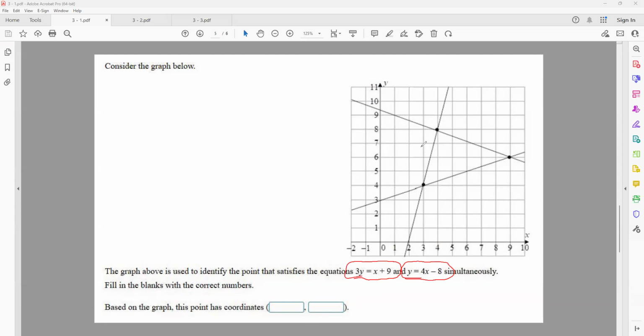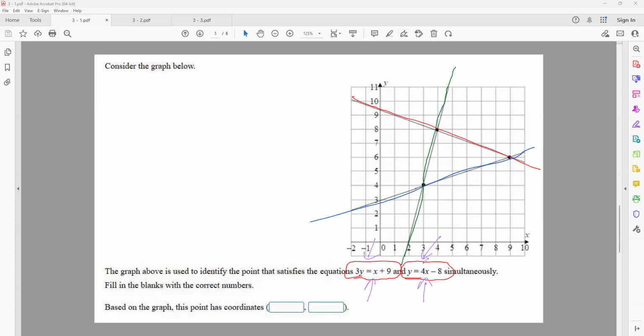This means that in the graph we have 3 lines: the red line, the blue line, and the green line. He wants you to find which of these 3 colors represents this equation or this equation. Why? Because the intersection point of the 2 colors for these 2 equations is the correct answer.